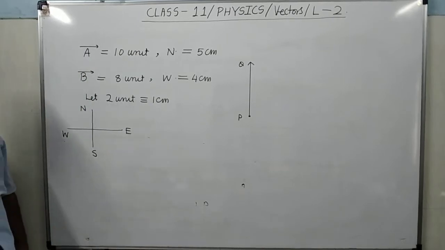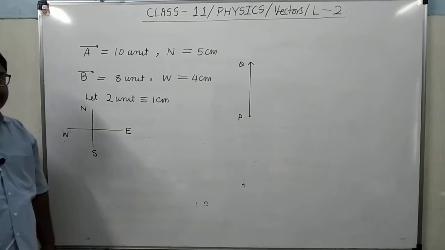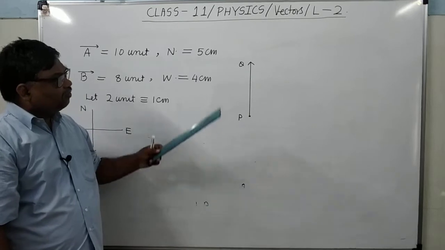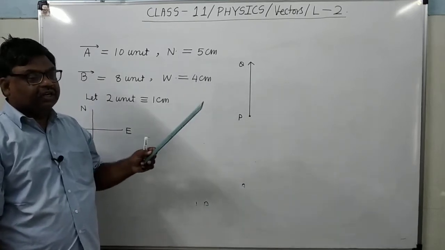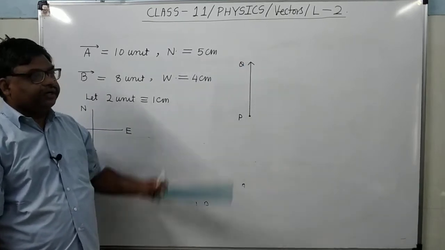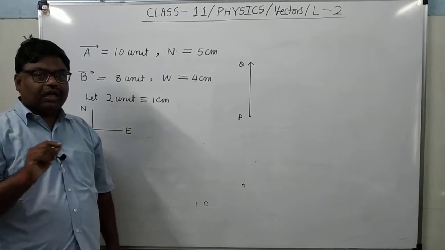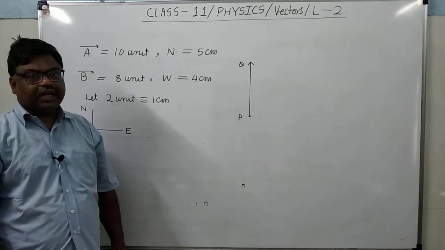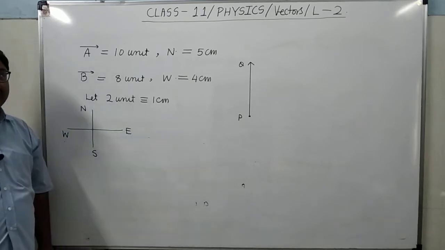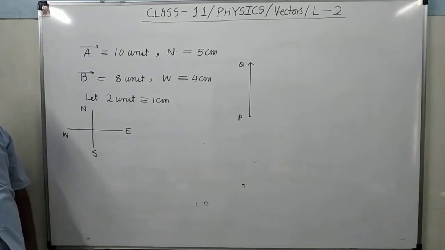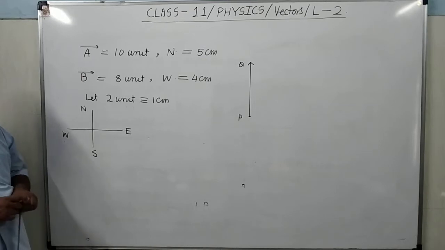Now after drawing one vector, how will you add two vectors? First you draw the first vector in the given direction. Then from the head of the first vector, what is the head? The head is the point Q. From the head of the first vector, you will draw the second vector in the given direction. So first draw the first vector in the given direction.